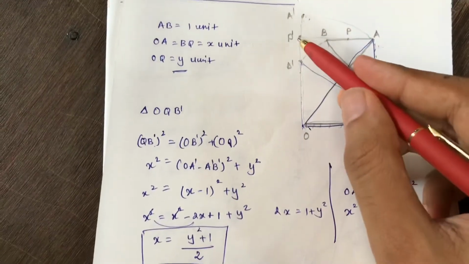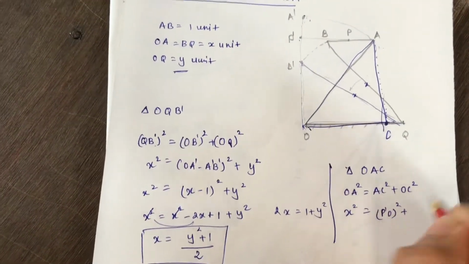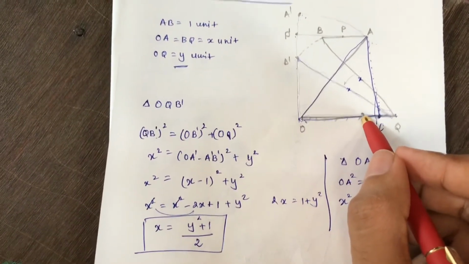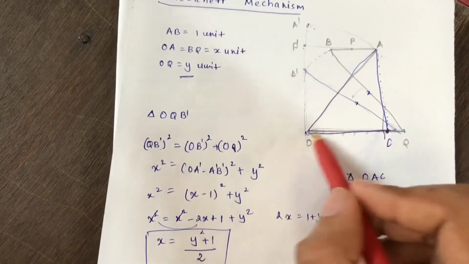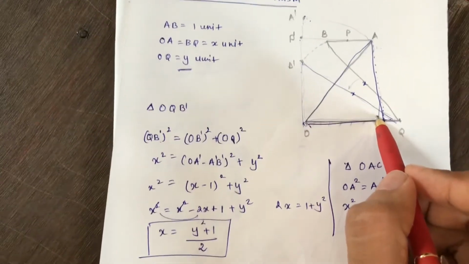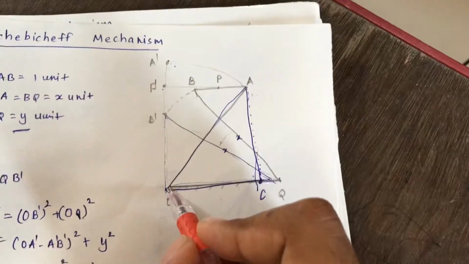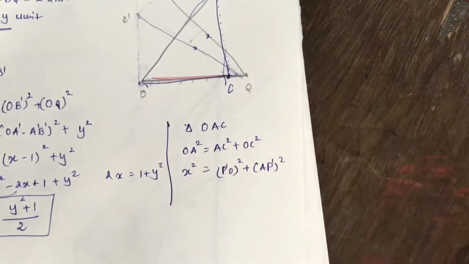AC square will be the same as P dash O square plus, what do you mean by OC? OC will be equal to AP dash.